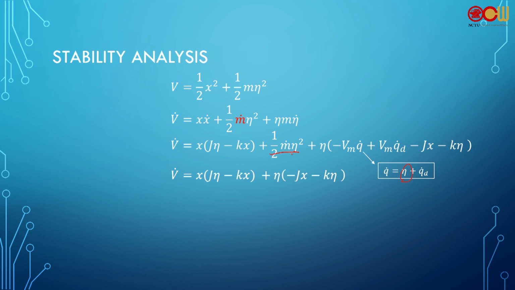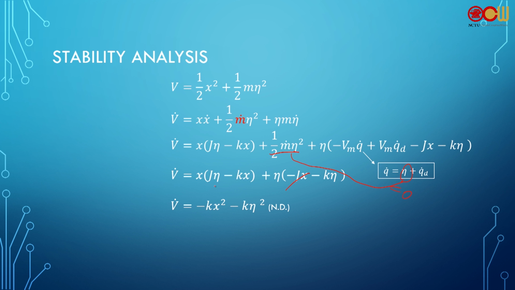This eta, okay? Because it's eta, so here your q dot would be eta times V_m times eta squared and V_m. So that will be 0, and this q_d will be cancelled out with this q_d dot, right? So only these two terms will be left, which goes to here, and you cancel out the cross terms.